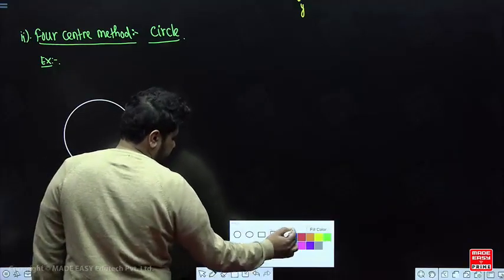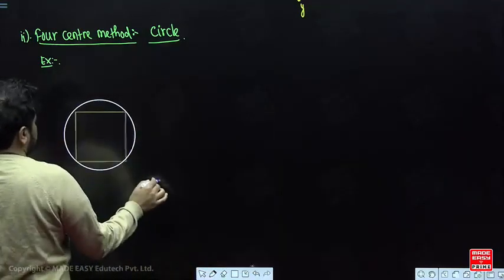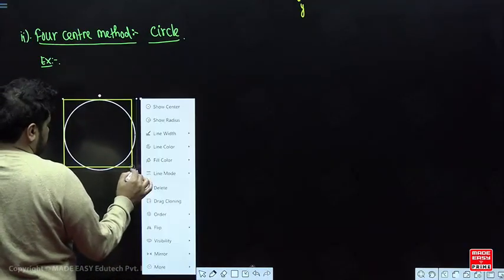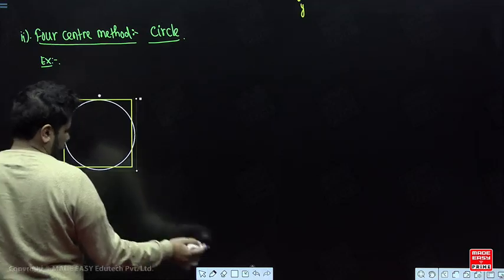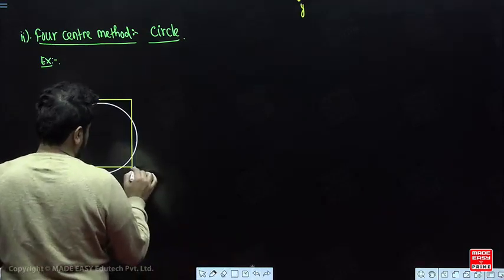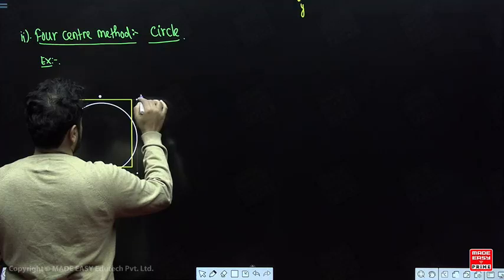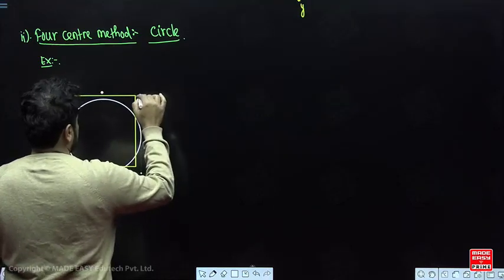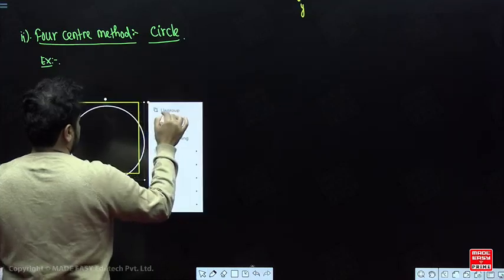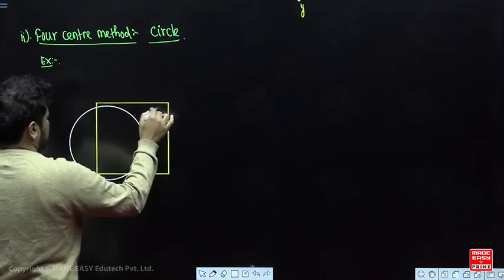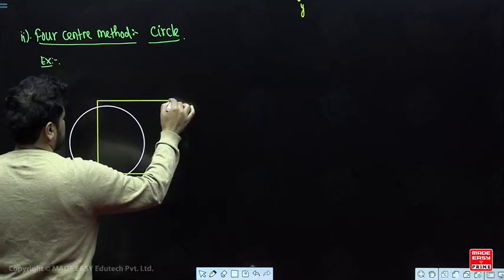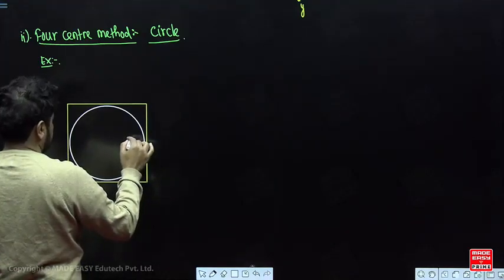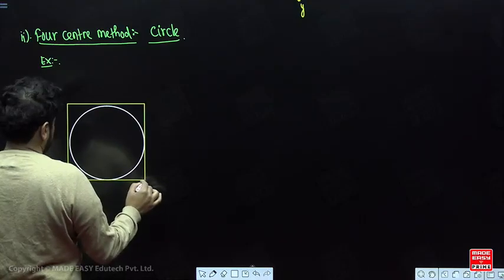So first what I will do, I will enclose this into a square. So put this square inside this circle.